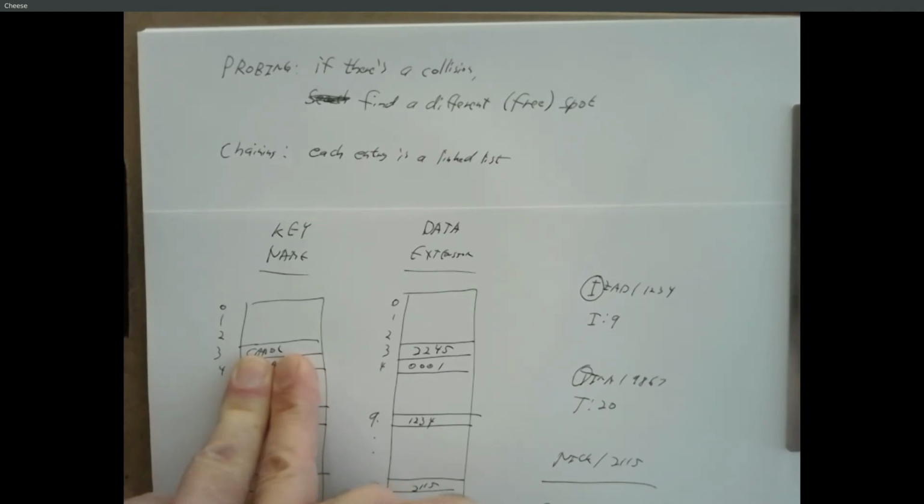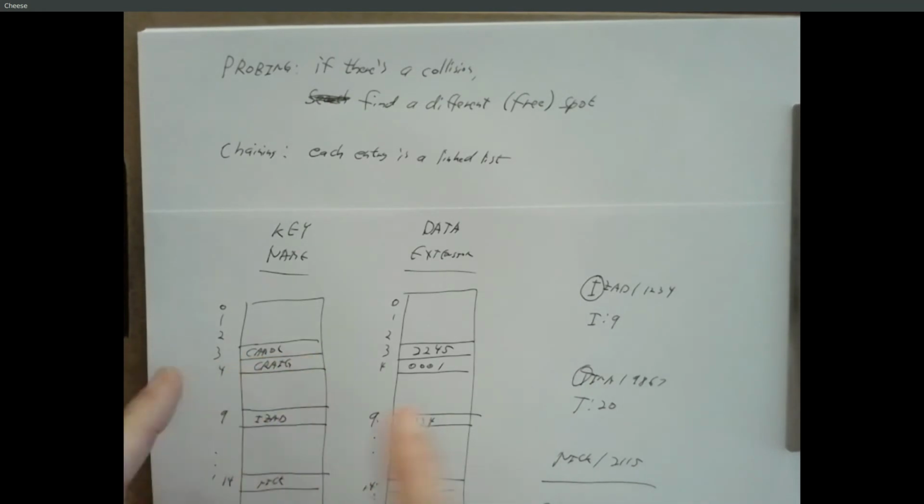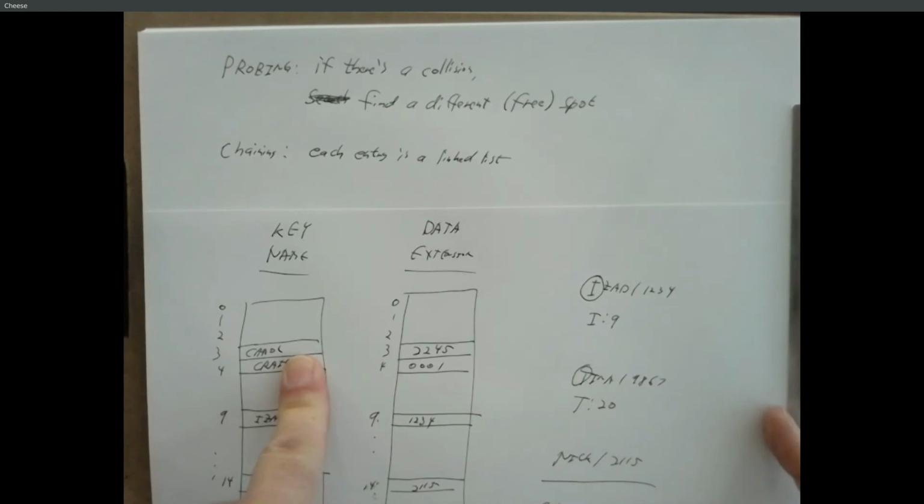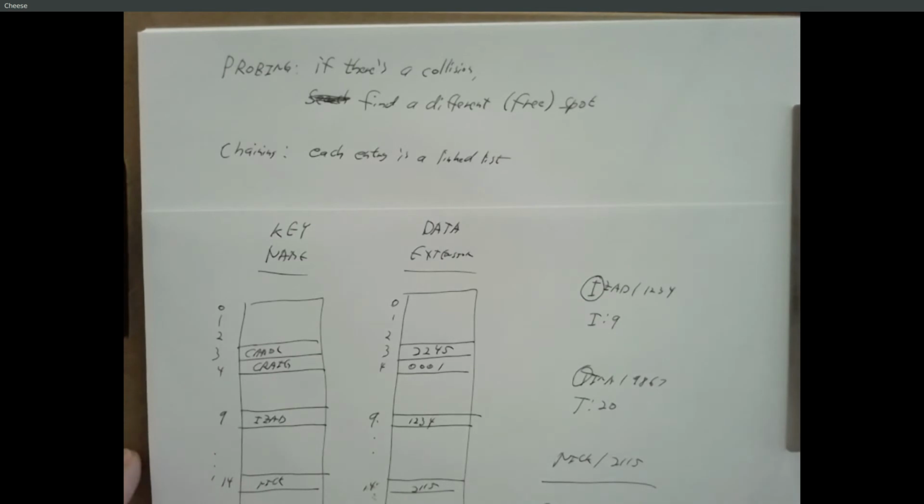If you had 1 million people with the letter C, you get here really quickly, order 1, but now you have to do 1 million operations to search through that linked list. So chaining's not bad if you're only expecting a few collisions. If your maximum length of a linked list in this case would be 5, it's order 5, which is order 1. But if it could grow indefinitely, that's not optimal.